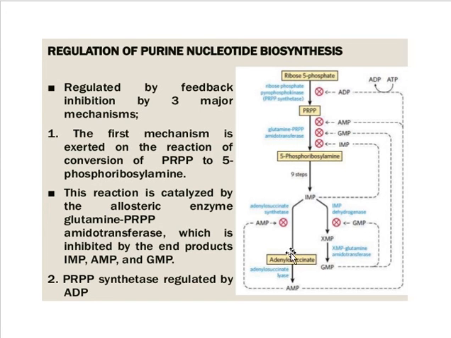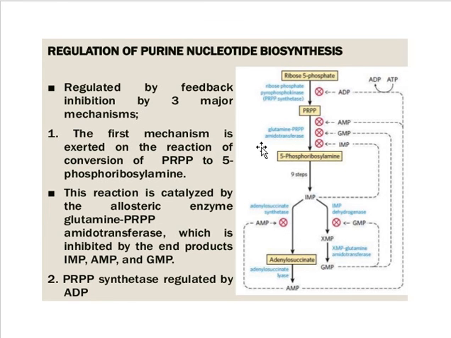And similarly, the synthesis of AMP is inhibited by the product AMP. This is also the example of negative feedback inhibition.